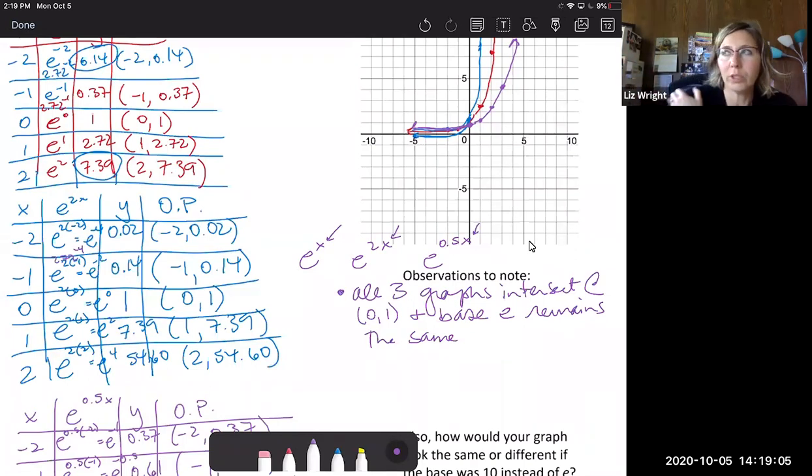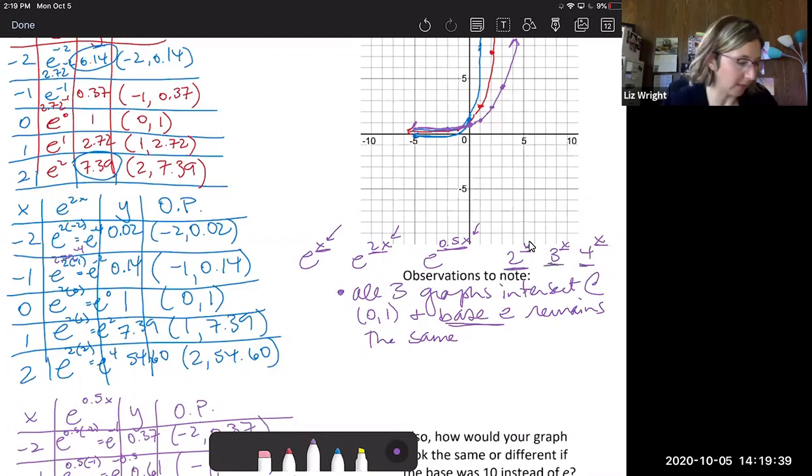We're doing what's called a shift on our graph, a transformation, whereas on the other exponential problems, if you remember, we did 2 to the x, 3 to the x, 4 to the x, and each of those have different bases, but they're all raised to the x. We did nothing to our exponents. Well, here we went from x to 2x to half an x. That's the part that's changing. That's why I put in here that our base e remains the same, rather than when we changed our base.